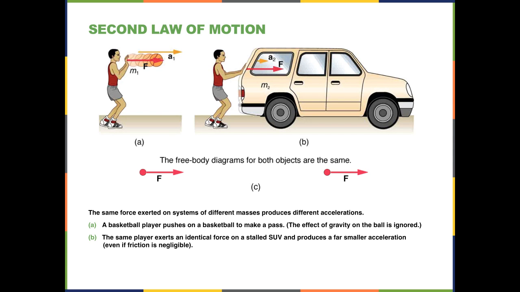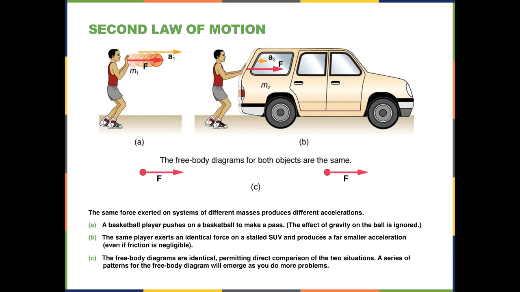If, on the other hand, the same player exerts the identical force on a stalled SUV, because the stalled SUV has a mass m2, and because mass m2 is significantly greater than mass m1, the resulting acceleration of the SUV is considerably less, even though the force is the same.